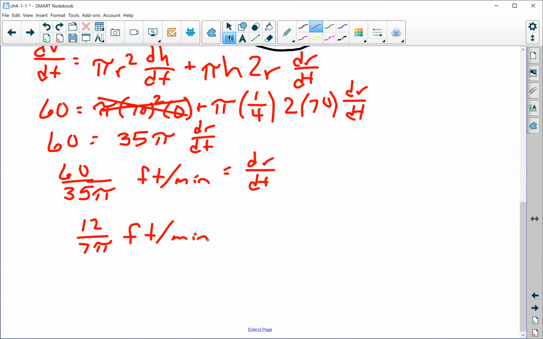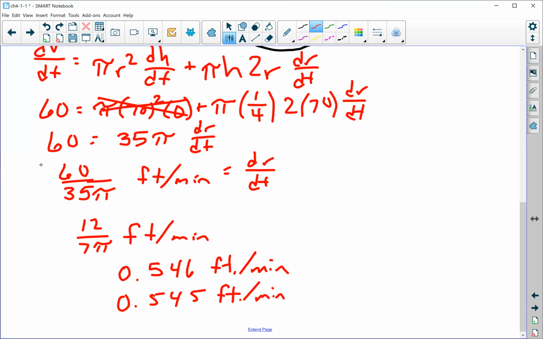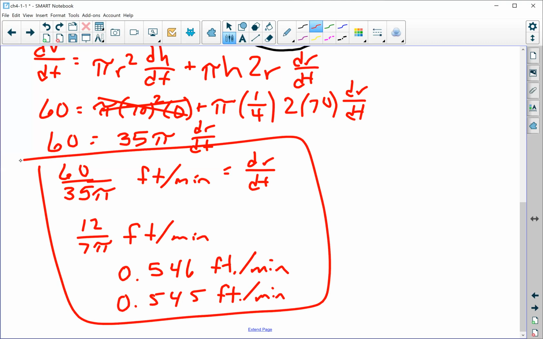And if you wanted a decimal approximation, this would round to 0.546. Or if you just truncated it, which you can certainly do on the AP exam, 0.545, in both cases feet per minute. All of those would be acceptable solutions.